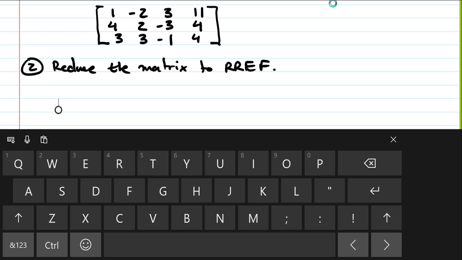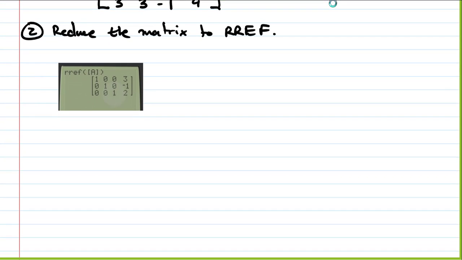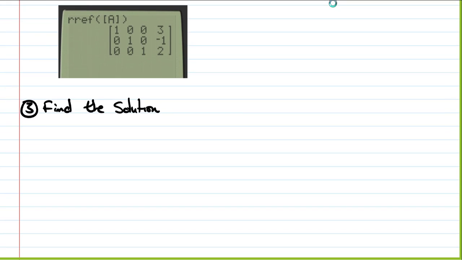So now that we have our matrix in reduced row echelon form, Step 3 is we find the solution. So there's going to be a couple of cases, and it's going to change depending on the output of the matrix.